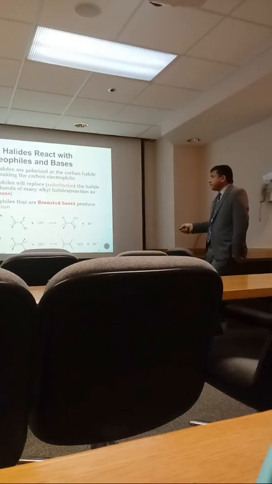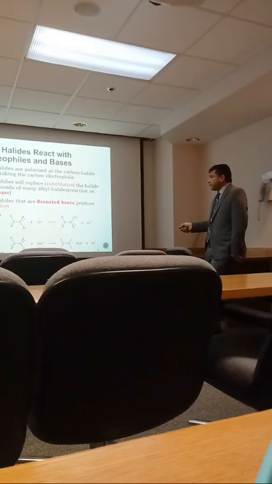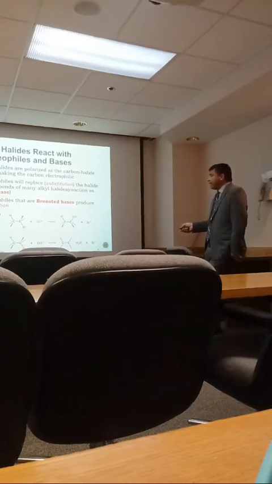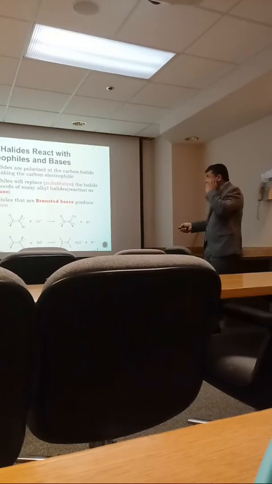If in the environment we have enough free hydroxyl groups, substitution means that the bromine is substituted by the hydroxyl group, and bromine is released after the reaction. So the hydroxyl group, because it has a negative charge, has an electron pair to share.